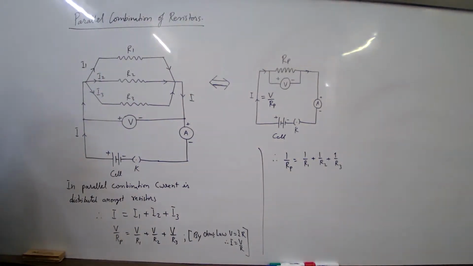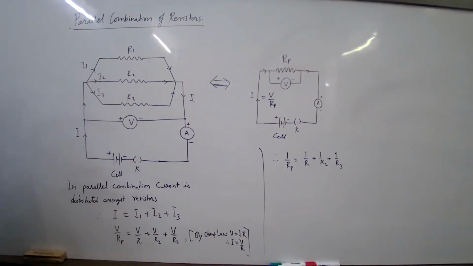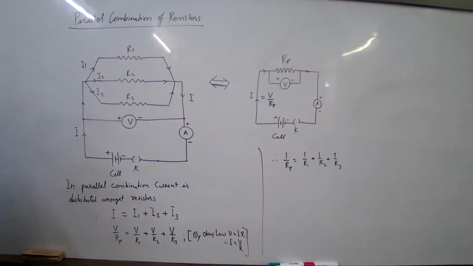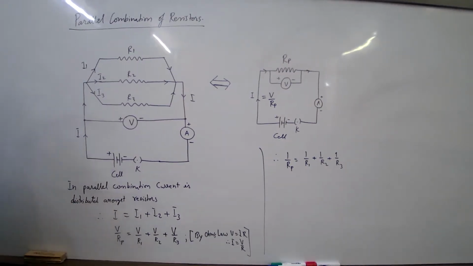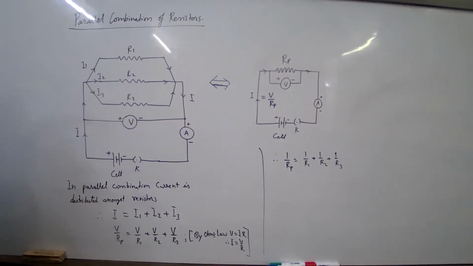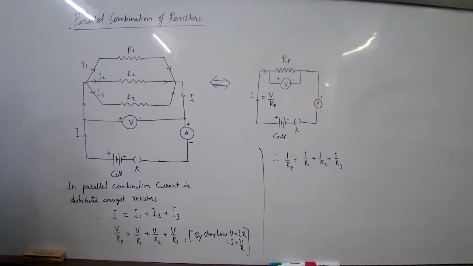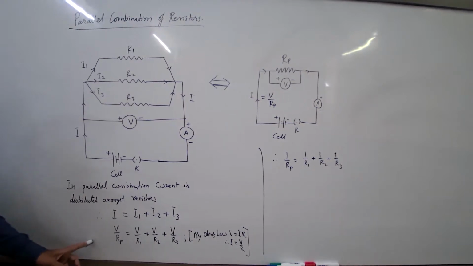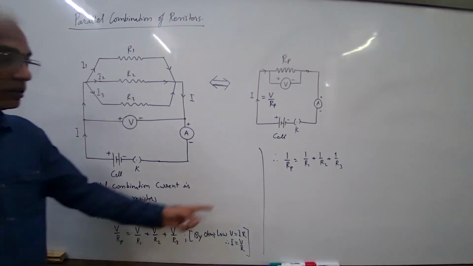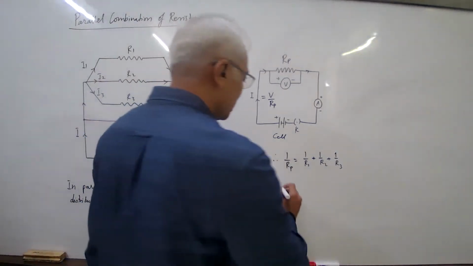So this is the formula, search it later, now first copy here. So how did we cancel V? Same on all sides. Obviously, you can multiply or divide V from both sides. So dividing V from both sides, V will be cancelled. So what will be Rp then? Rp will be the reciprocal of the RHS.